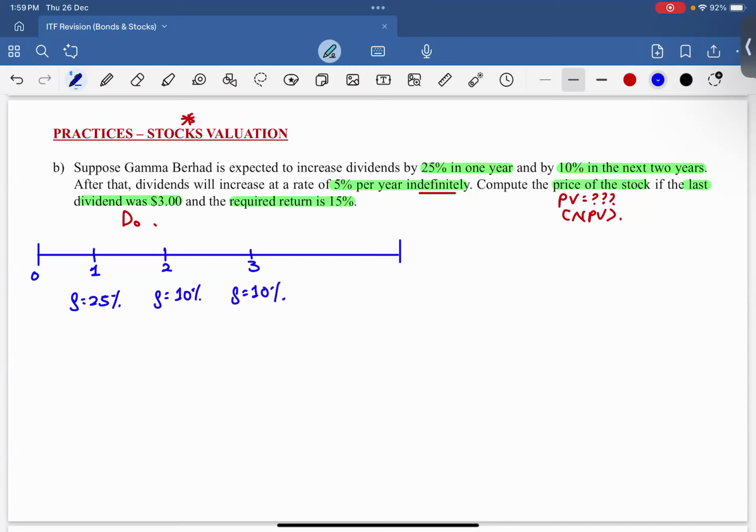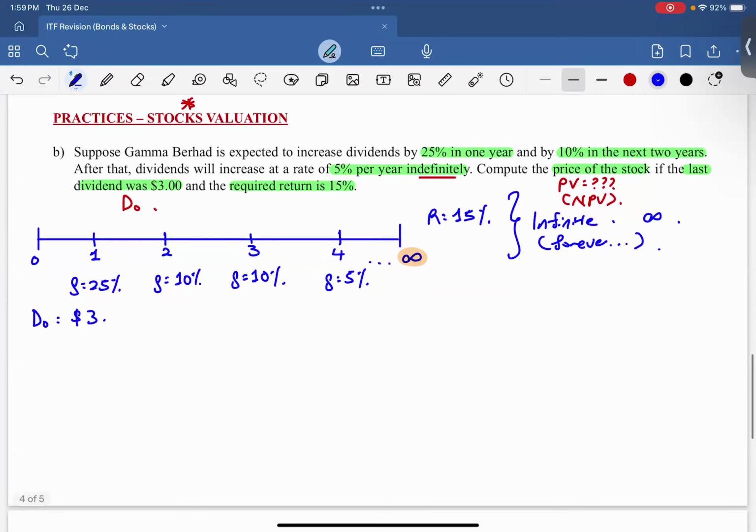After that, dividends will increase at 5% indefinitely, forever. Remember, at the end it is forever, infinite. You hold the stock forever. And the last dividend D0 is $3, and the required return is 15%.